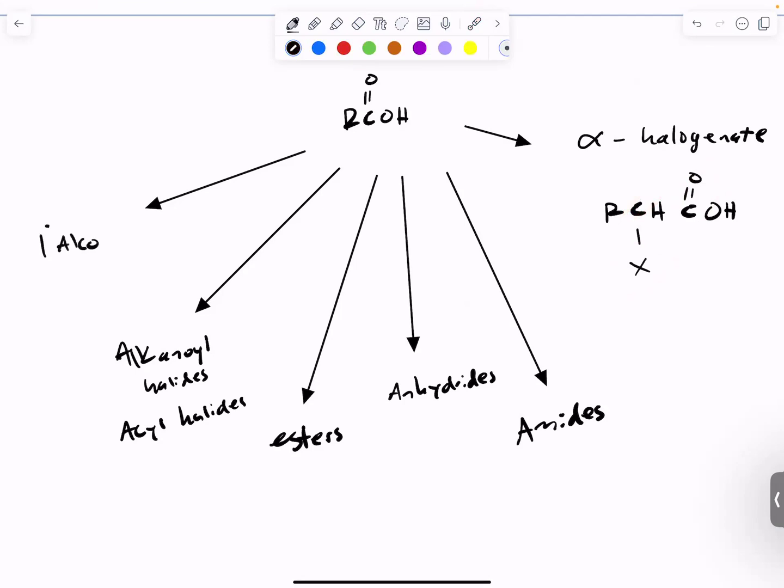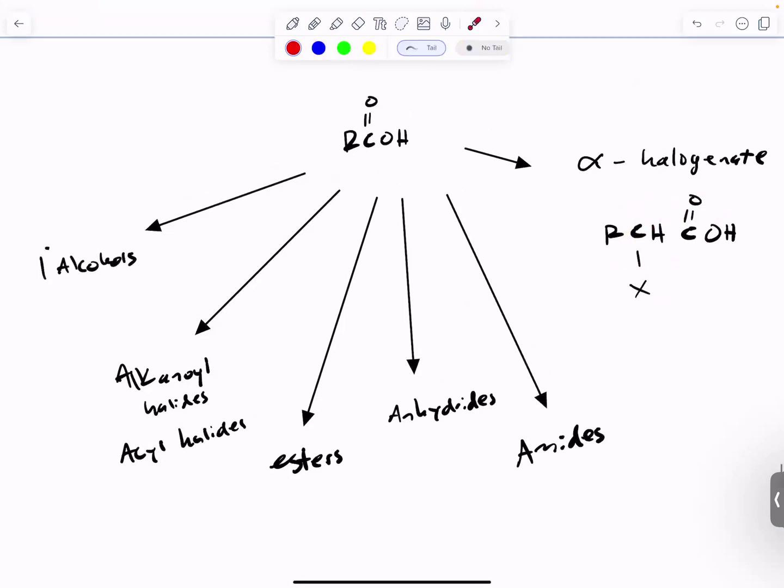And then lastly, I put this last because it's going to be the first thing we start with. The primary alcohols is something that we can make directly from a carboxylic acid. Now, from a carboxylic acid, can we make other types of alcohols? Probably, but directly, the main thing that we can make from a carboxylic acid is a primary alcohol.